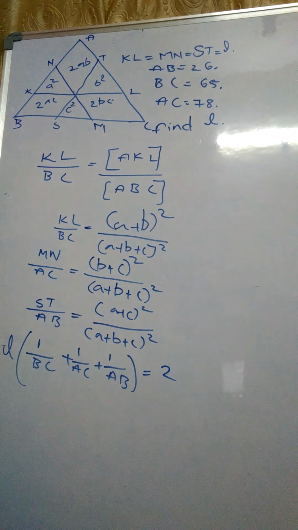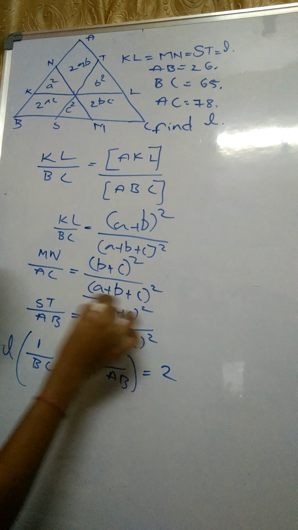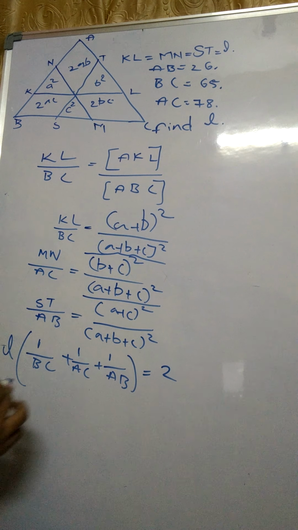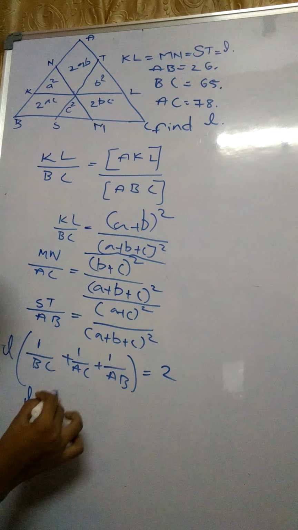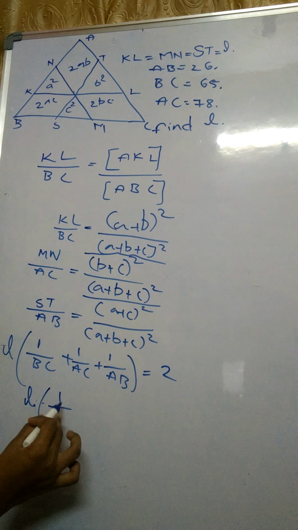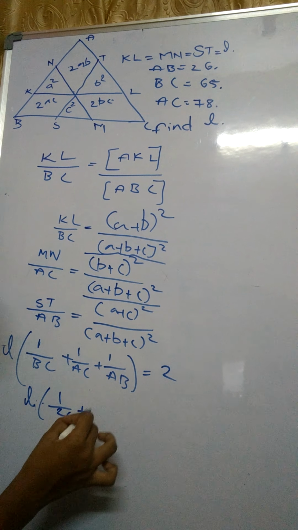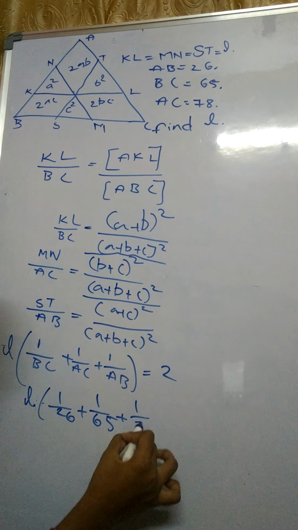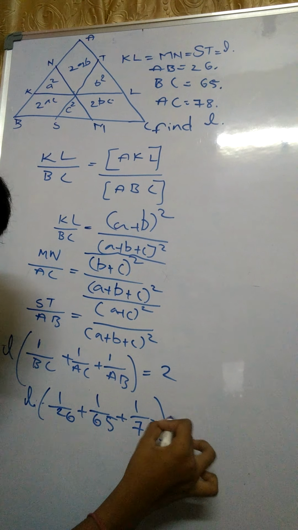If you add all these three, we will get value as 2. Now L into 1 by 26 plus 1 by 65 plus 1 by 78 is equal to 2.